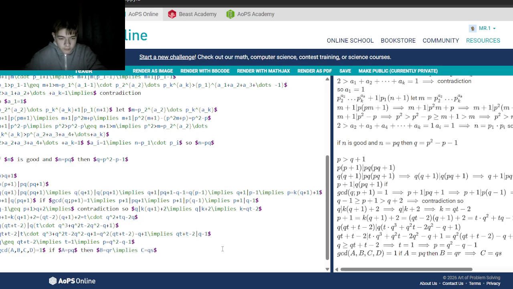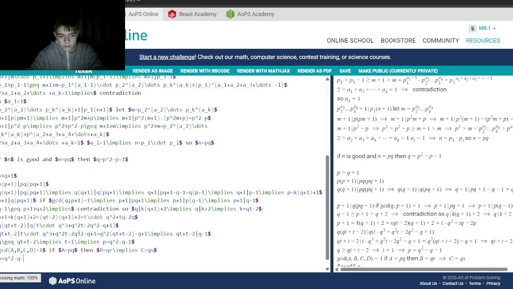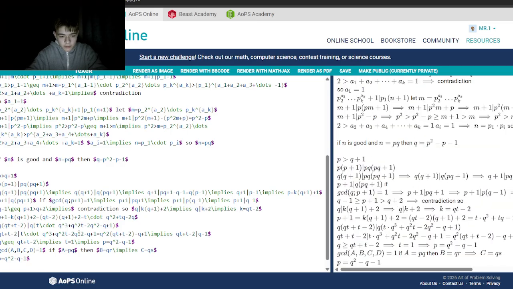okay, so if there exists some S such that C is equal to QS, this means that, if A is equal to PQ, and P is greater than Q, this means that P is equal to Q squared minus Q minus 1, okay?